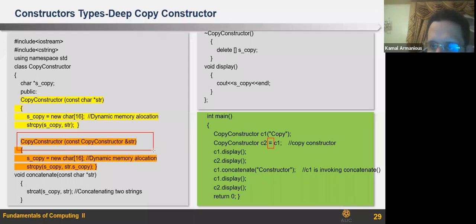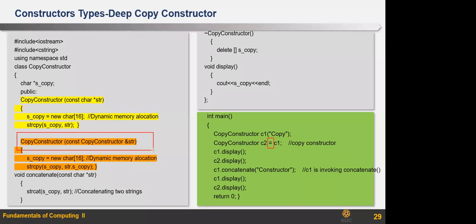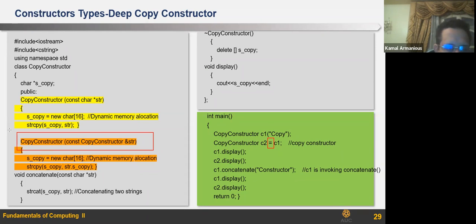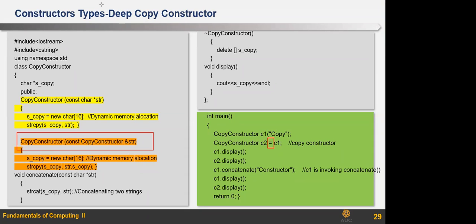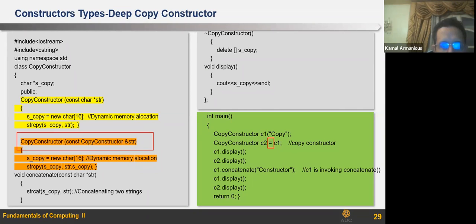What does it mean, a user-defined constructor? It means you are the one who wrote it by hand. This function, Mohamed, is something that you have written to do the copy, a copy constructor.